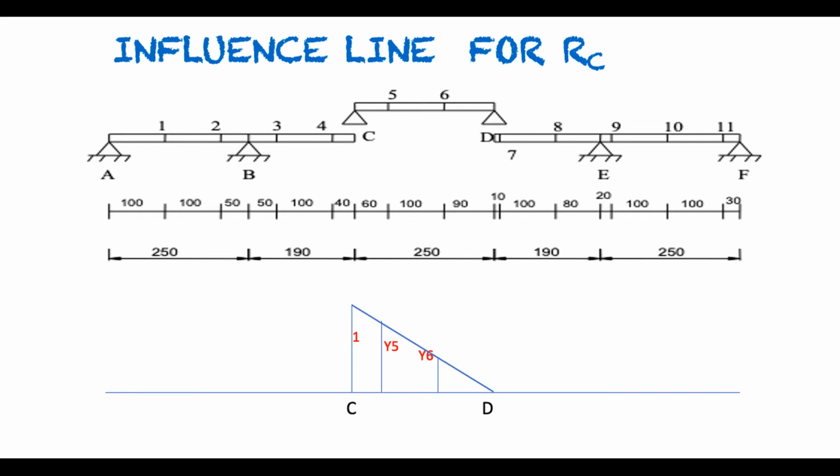So all ordinates in an influence line can be easily determined by using similar triangles.